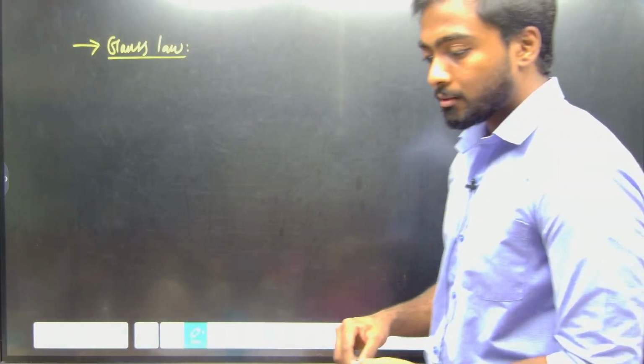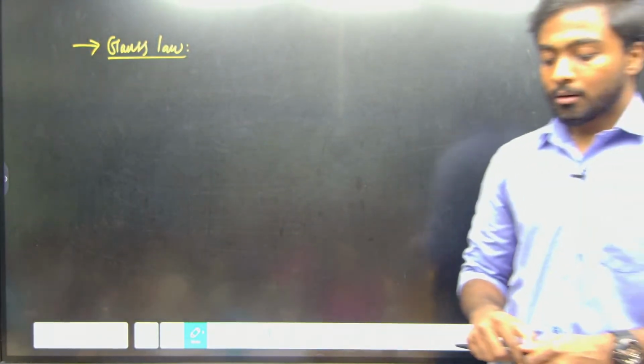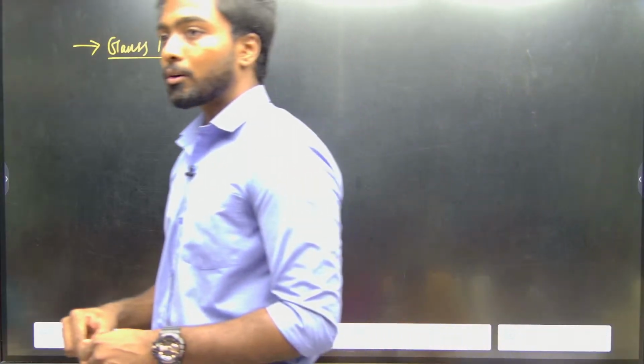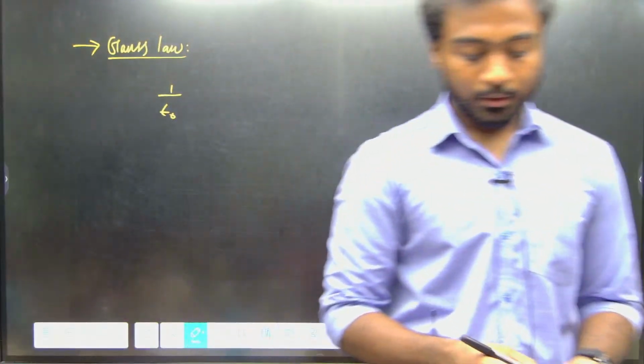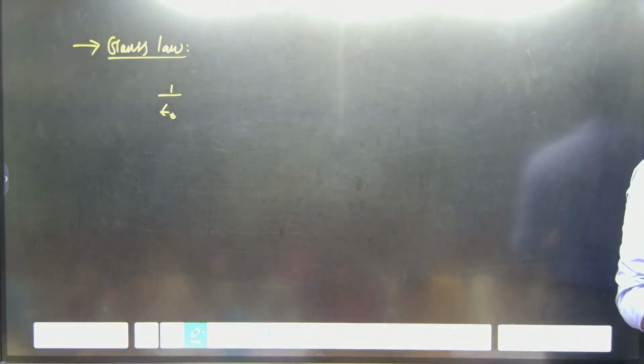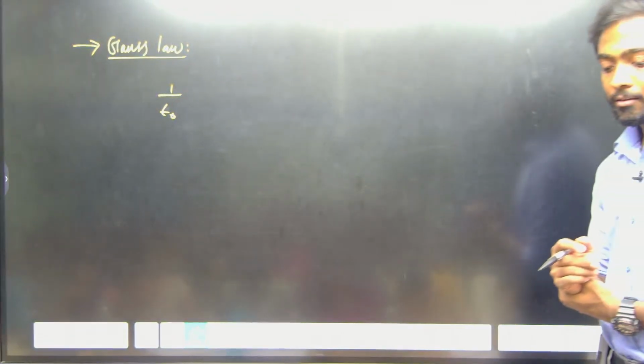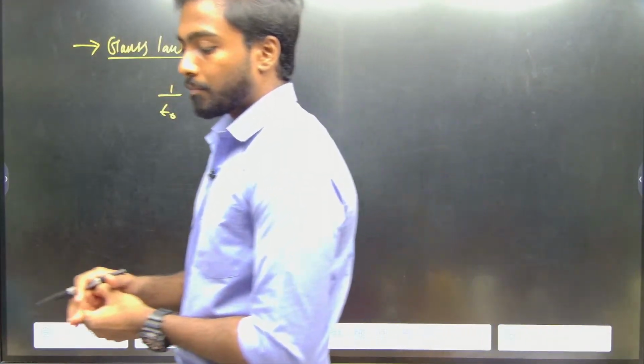The electric flux which is linked to a closed surface is equal to 1 by epsilon naught times the charge inside the closed surface.